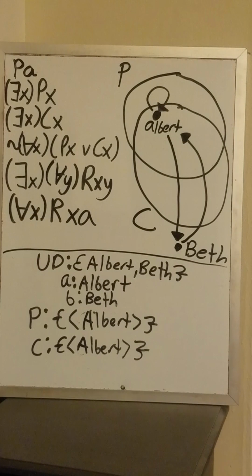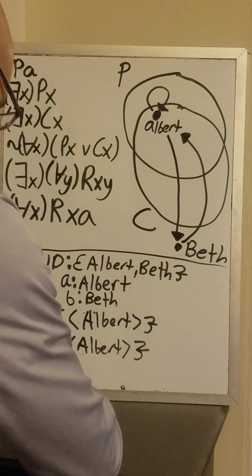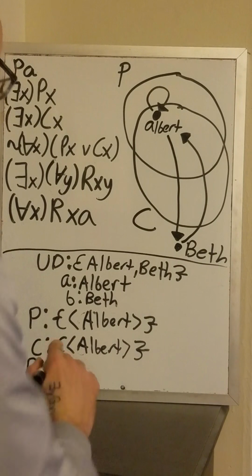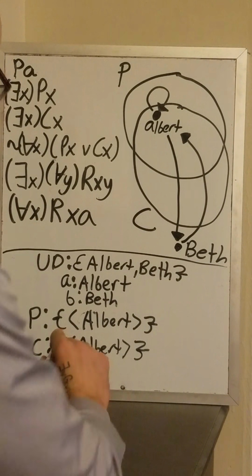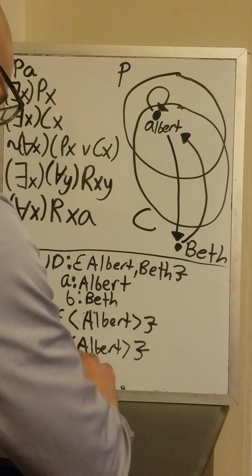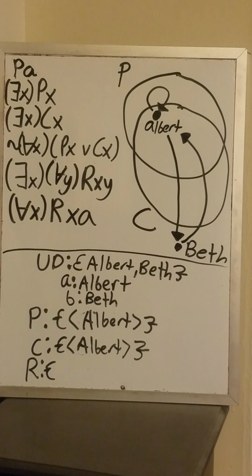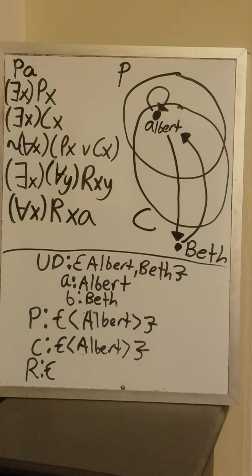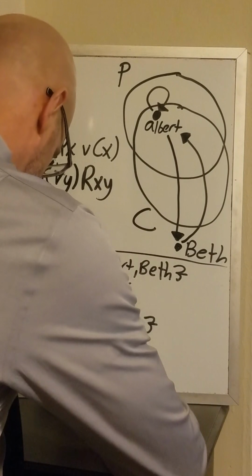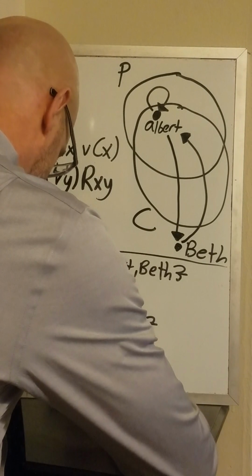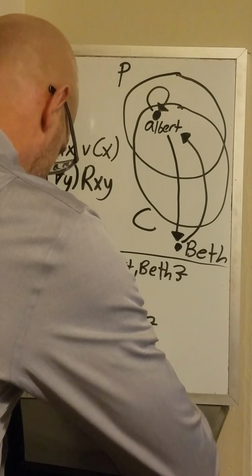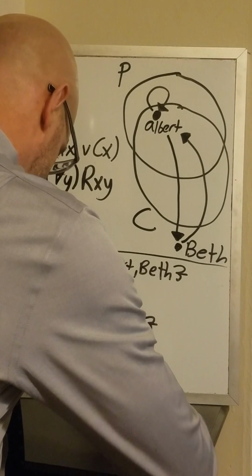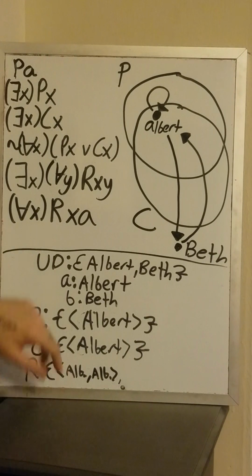And now R. R is going to need three ordered tuples in it. Let's take a look at what those would be. First of all, Albert respects himself. I'm using abbreviations now because I might run out of space.